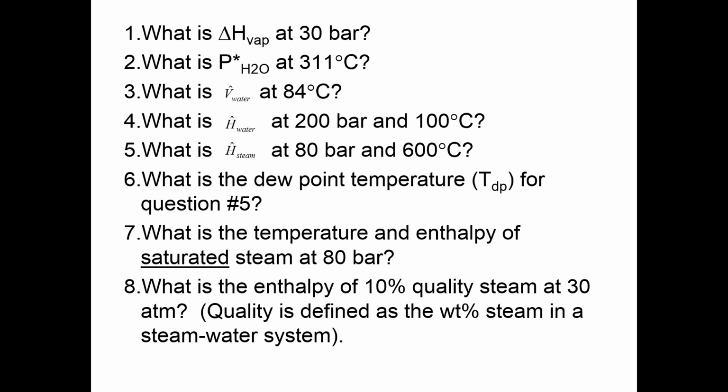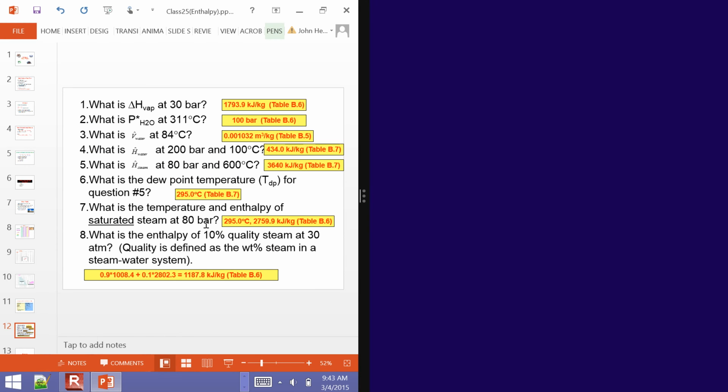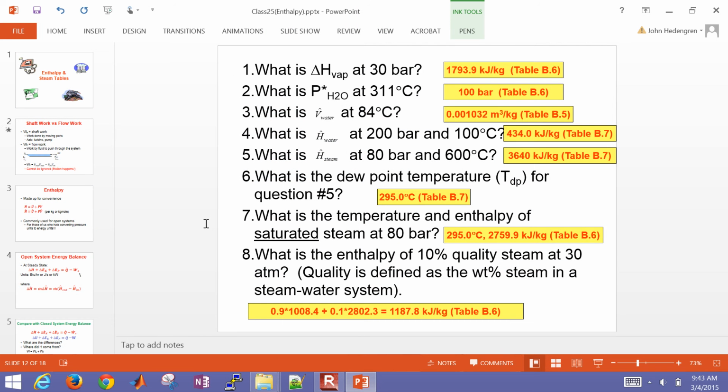Okay, so let's just look at our steam tables. We're going to answer some of these questions right here. What is the heat of vaporization at 30 bar? Let me just put this over here to the side. Actually, that is not going to let me do that. So I'm just going to come out here, and you can see the answers there.